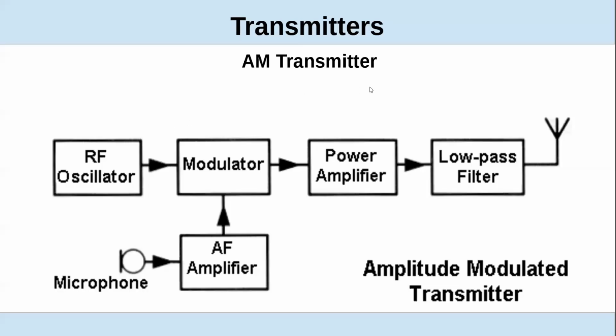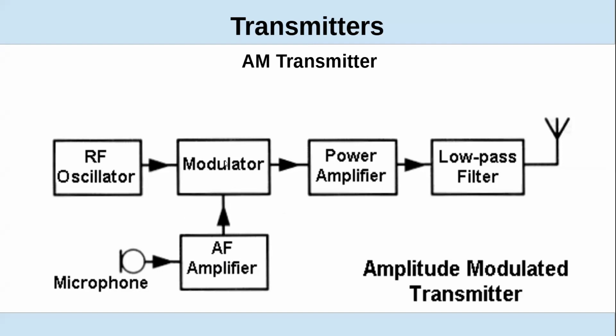Okay, so for a simple AM transmitter, we're sort of reversing things, and we've got an oscillator, which is going to be our carrier frequency. And we bring in the audio signal, amplify it. Maybe we compress it, do some manipulations with it.